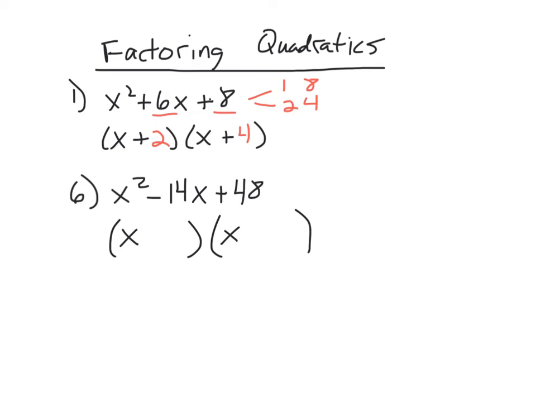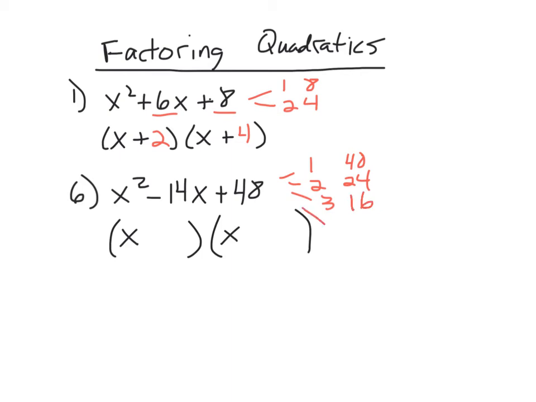Now, I'm going to look at my last term here, because I know that this number times that number has to equal 48. So again, I'm going to do a little bit of a factor tree here, and I'm going to find the factors of that. Well, there's 1 and 48. There's 2 and 24. There's 3 and 16.